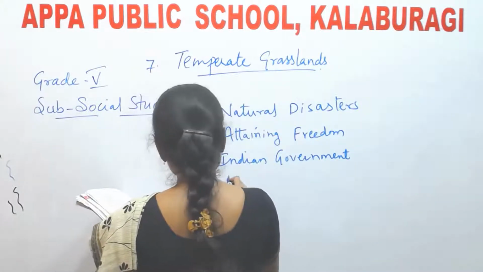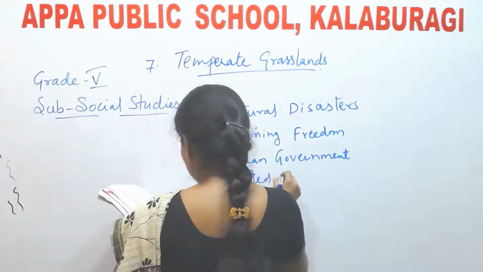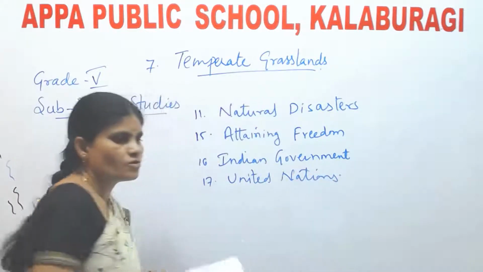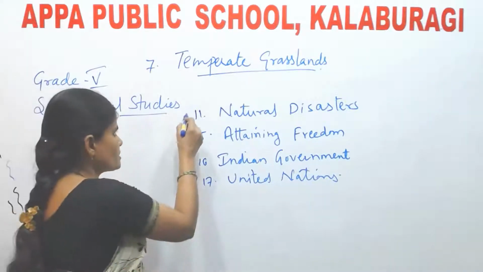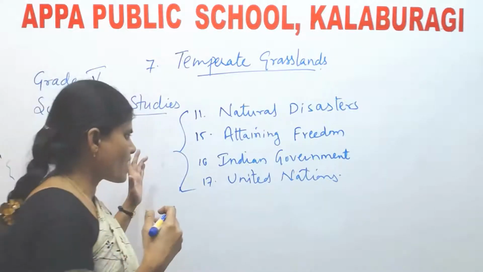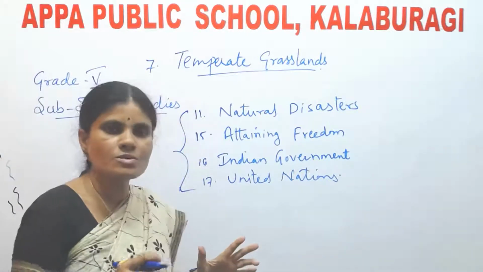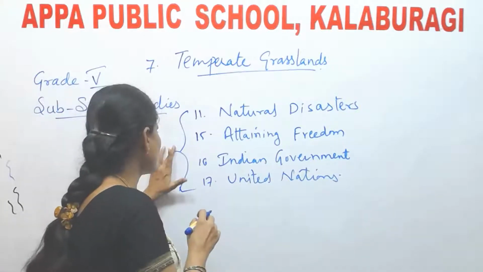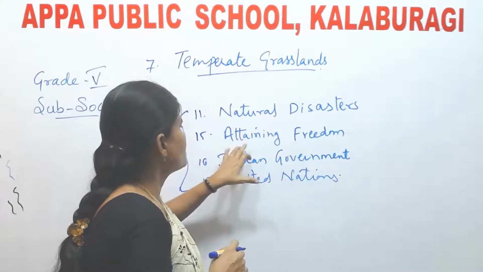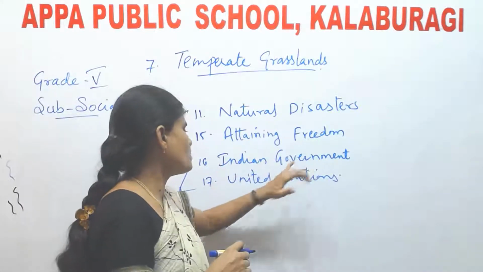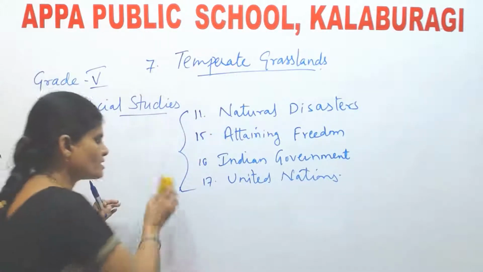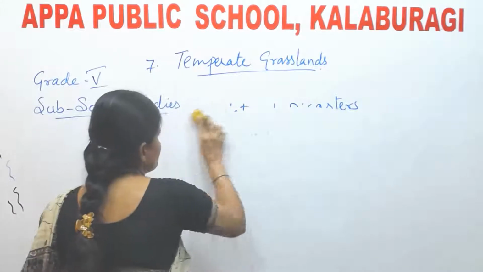And 17th lesson, United Nations. Okay, say these are the 4 lessons we have reduced, children. Reduced in the sense, after completion of the revision, if we have time, we will complete these lessons also. Don't get confused about these lessons. Natural disasters, attaining freedom, Indian government, and the United Nations. These lessons are reduced, and remaining lessons you are going to get in second sem.